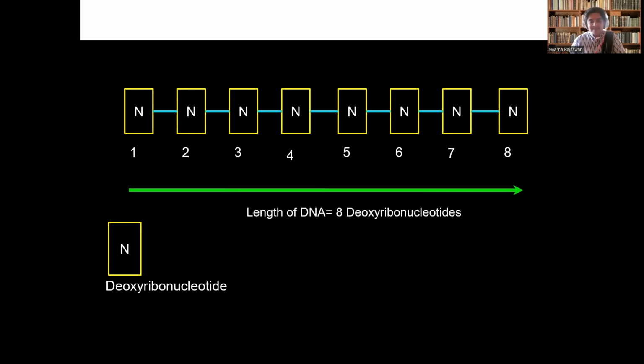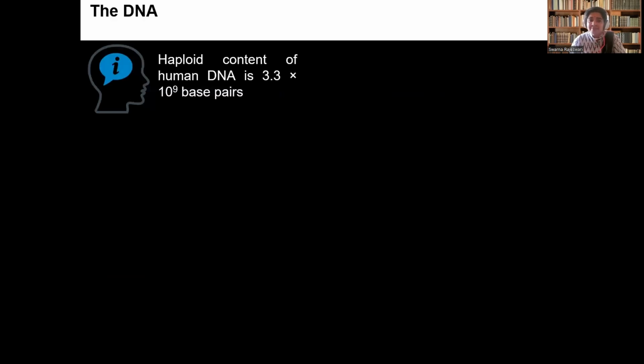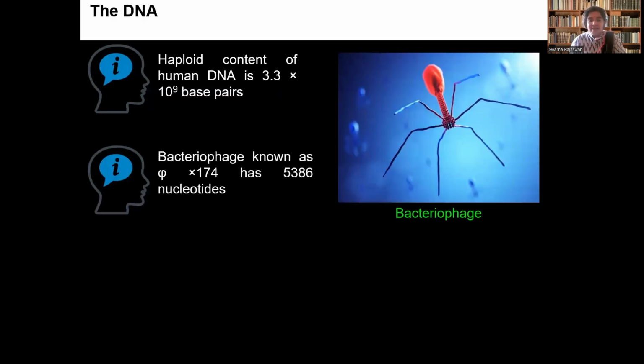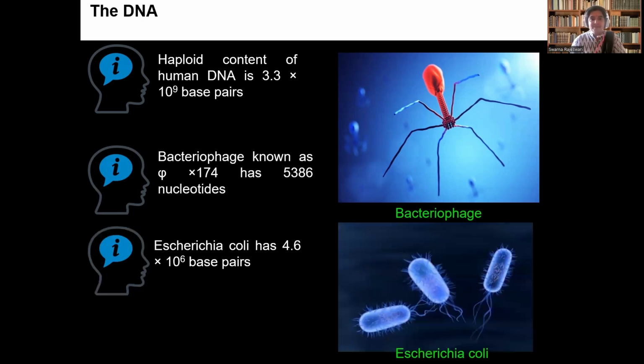The length of the DNA depends on the number of deoxyribonucleotides present. Here, there are 8 deoxyribonucleotides. It is different in different organisms.